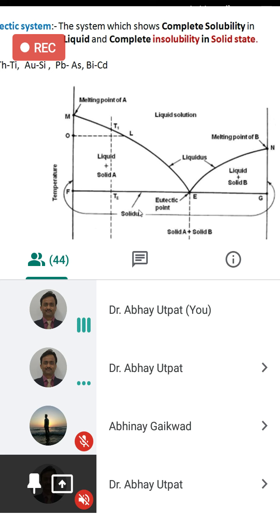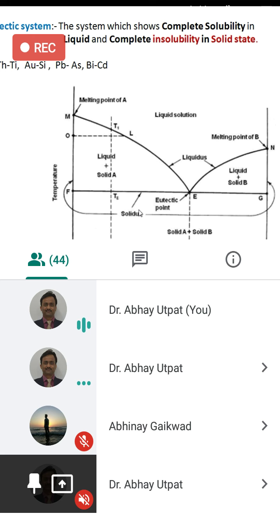Thorium, titanium. Some students, if you don't know the meaning of the short forms, thorium, titanium, Th-Ti. Second, gold, silicon, Au-Si. Third, lead, antimony. Lead, arsenic. As is arsenic, Sb is antimony.